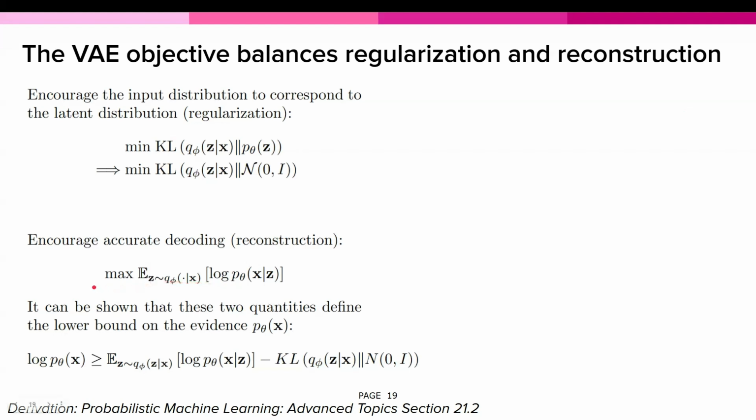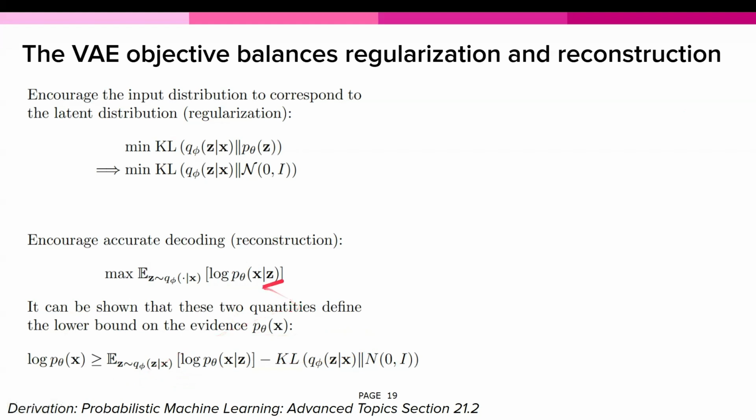Mathematically, this is expressed as maximizing the expected log likelihood, where p_theta(x|z) represents the decoder's likelihood of reconstructing x given the latent variable z. This term ensures that the latent representations retain the meaningful information about the data, allowing the decoder to produce high quality reconstructions.